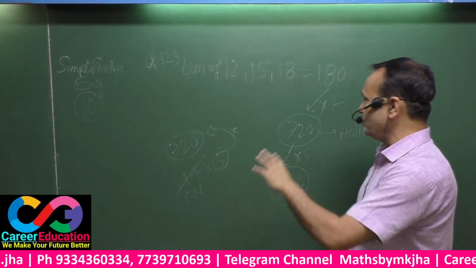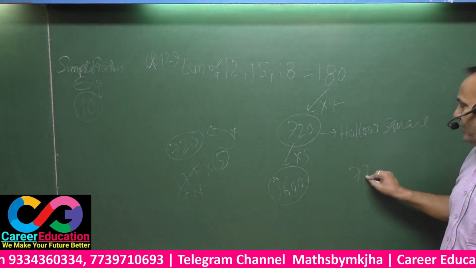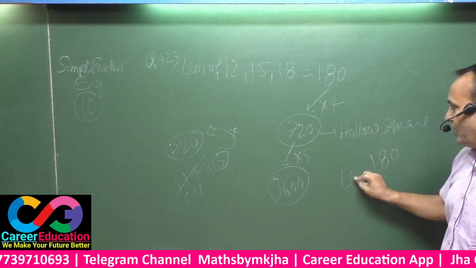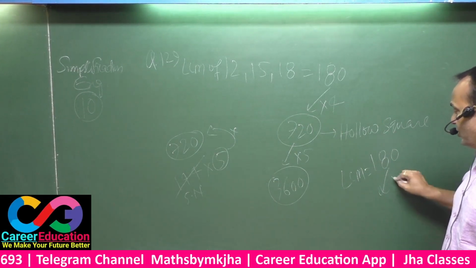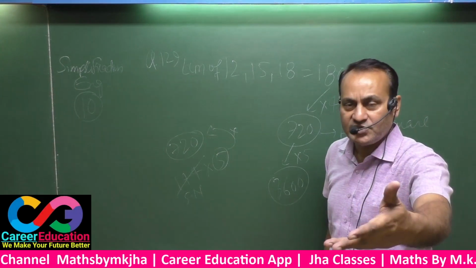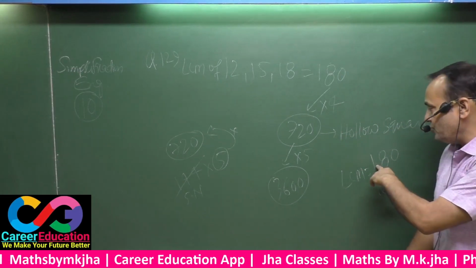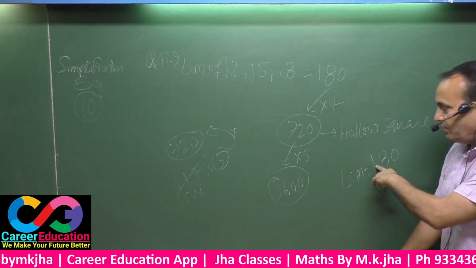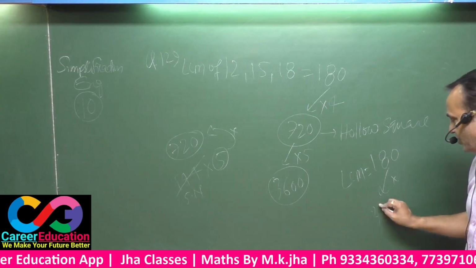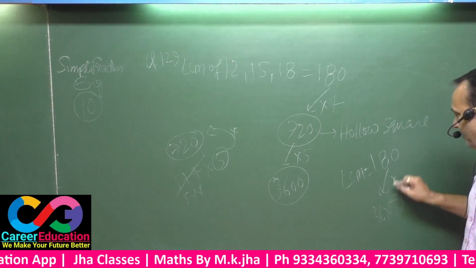In some books, the LCM is 180, and 180 is a multiple of 4 at the same time. That's why in some books this is taken as the hollow square number of persons. Certainly 5 must be multiplied.